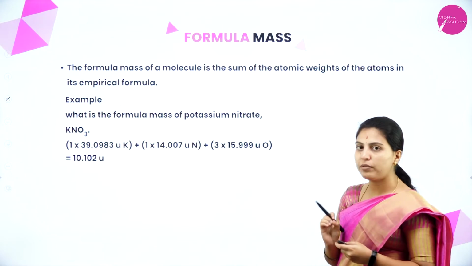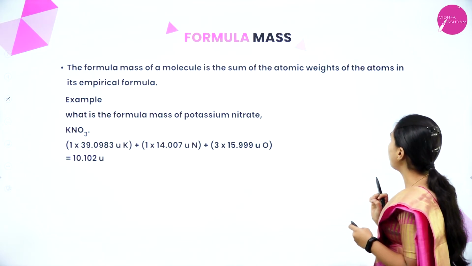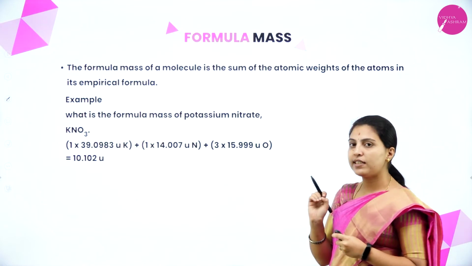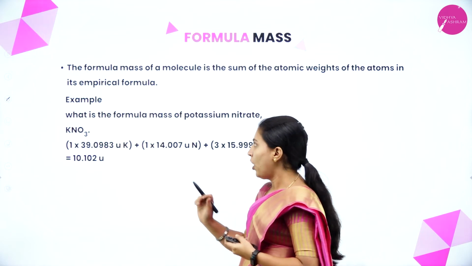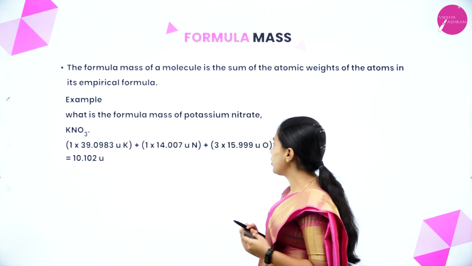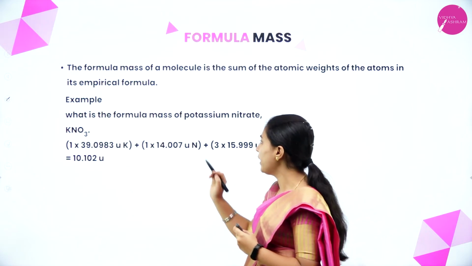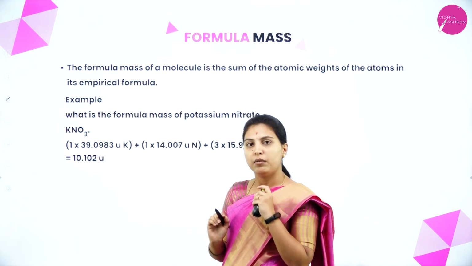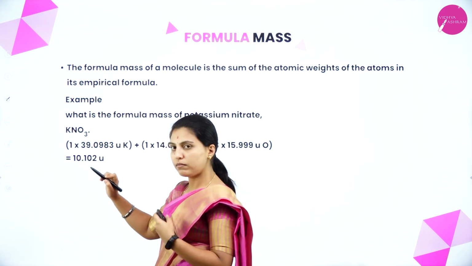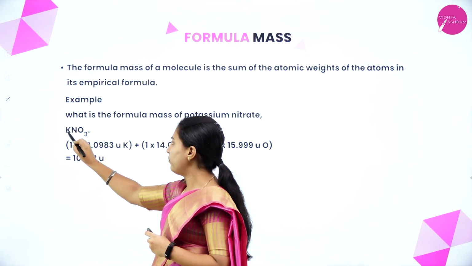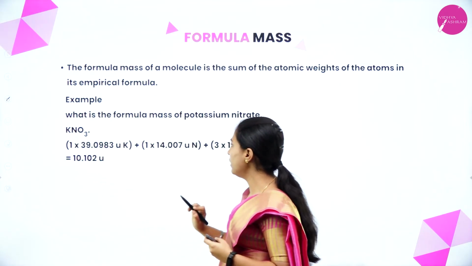Next is formula mass. The formula mass of a molecule is the sum of the atomic weights of the atoms in its empirical formula. We'll see an example. What is the formula mass of potassium nitrate? First you have to write its molecular formula. For potassium nitrate, KNO3 is the formula. Same thing, one atom of potassium is present, mass of potassium is 39.09.